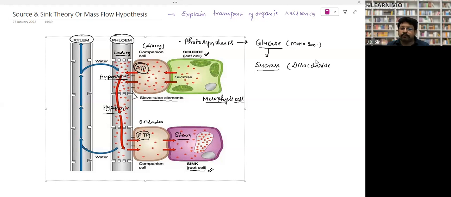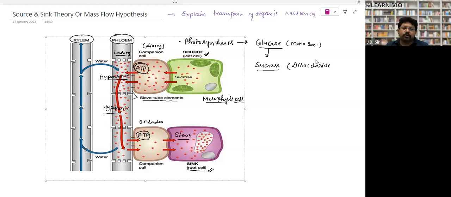So normally in some plants fruits are those parts which work like a sink and food needs to be stored. And in every plant a root works as a sink, because roots do not have capacity to make the food, but they need food for the respiration and to carry on their metabolic processes, right? And generation of energy.